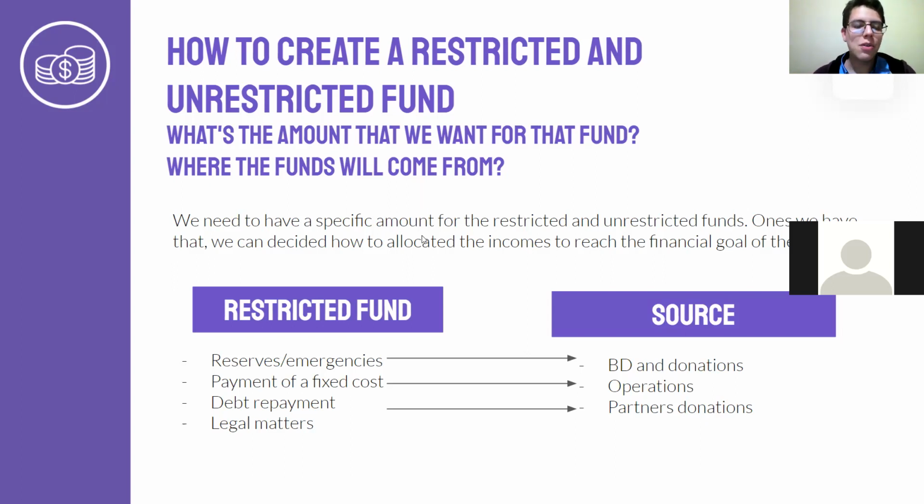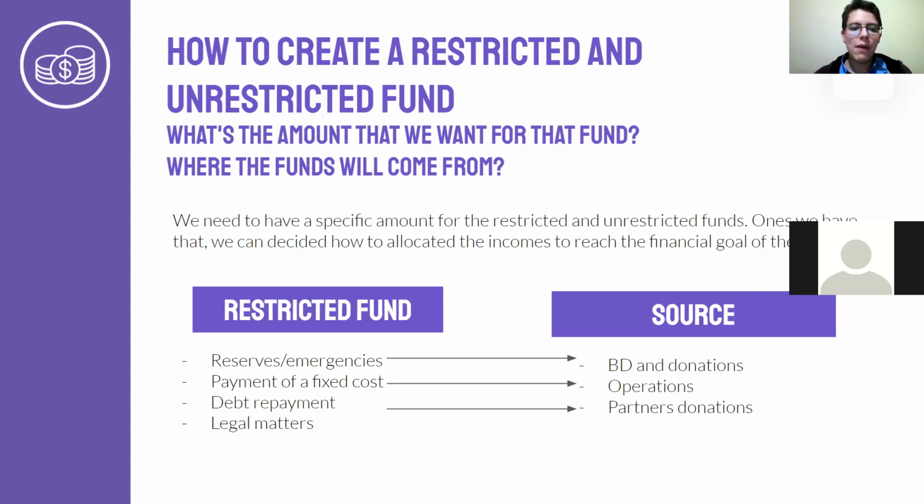Basically, you can identify how you can allocate the incomes to reach the financial goal of your funds. For example, for my restricted fund of reserves of emergency, this money will come from BD or donations.